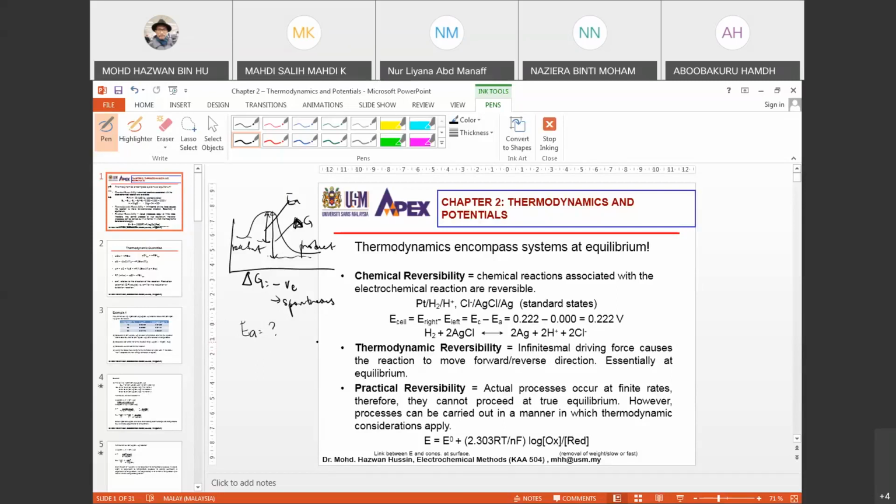So the delta G is equal to minus nRT. That one is for delta G. The question is, if I want to calculate activation energy, what kind of formula will I use? Anyone?